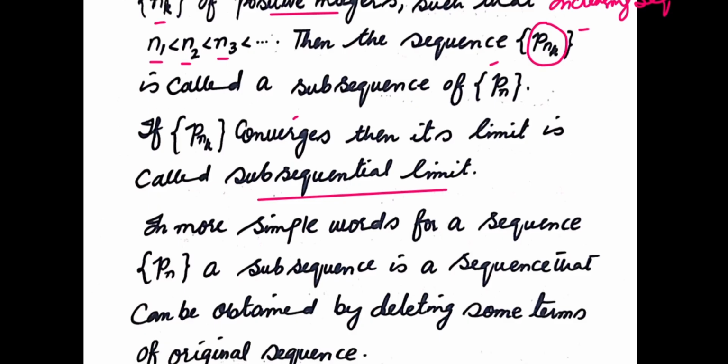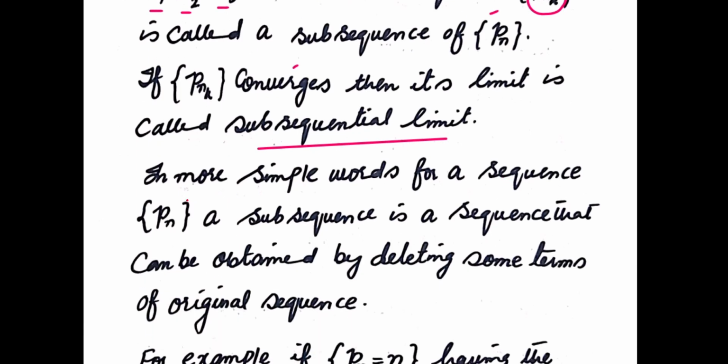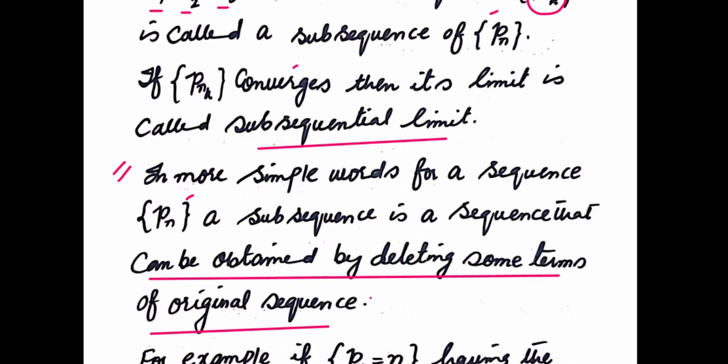In more simple words, for a sequence Pn, a subsequence is also a sequence that can be obtained by deleting some terms of the original sequence. So from these lines, you can observe that a subsequence is actually a subset of the sequence.